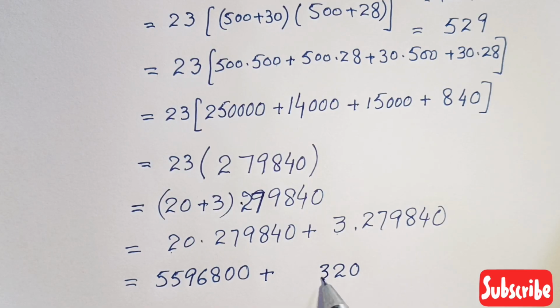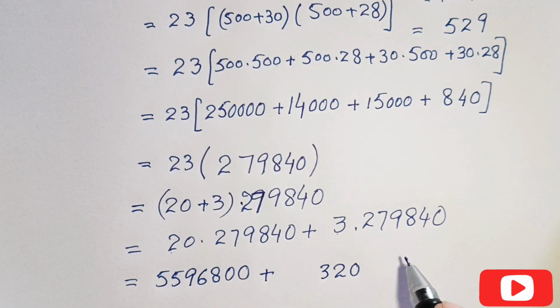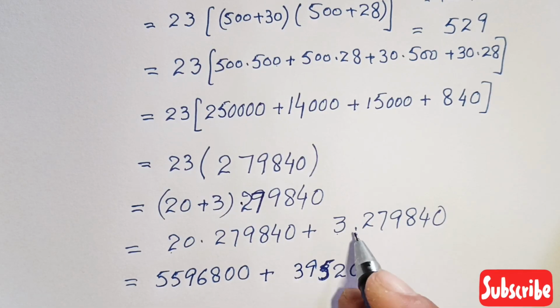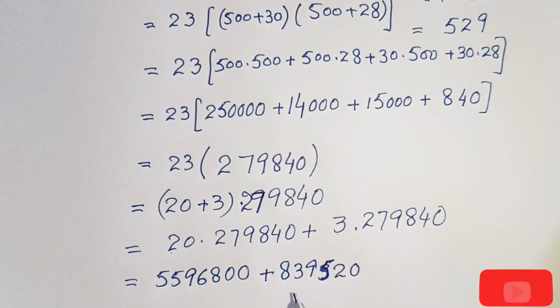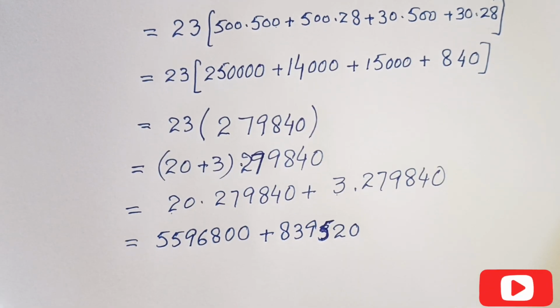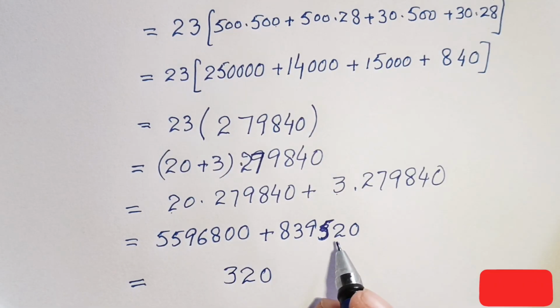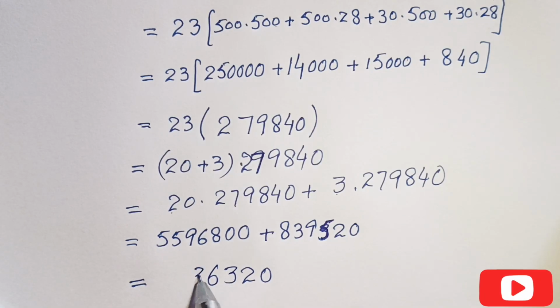Here we have 3 times 8 is 24 and 1 carry, so 5, and so on, giving 839520. Now by adding these two terms, we get 0, 2, 3, and 6, 3.